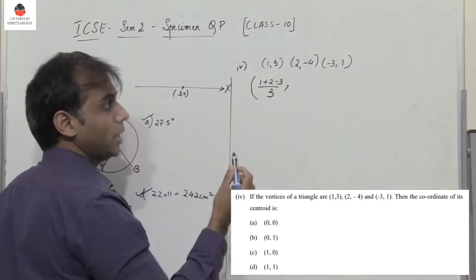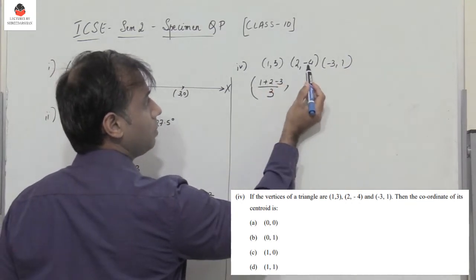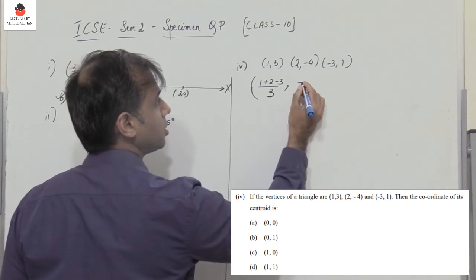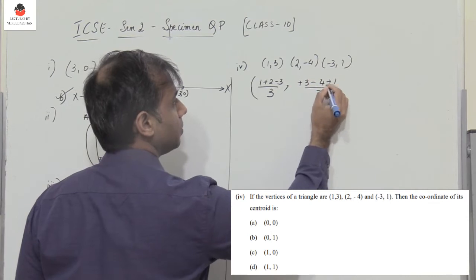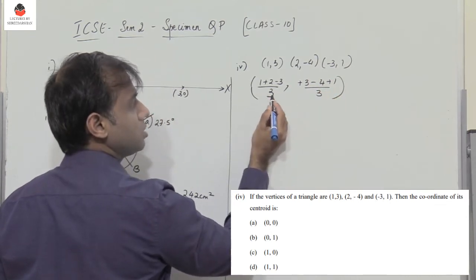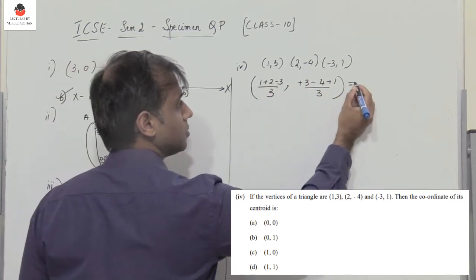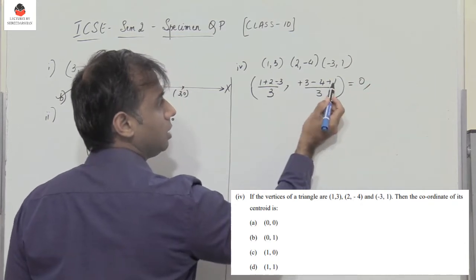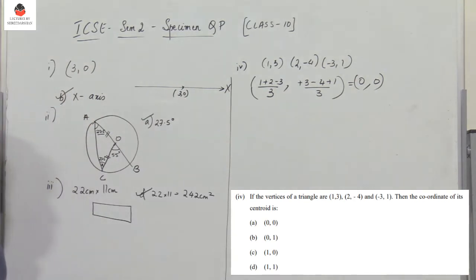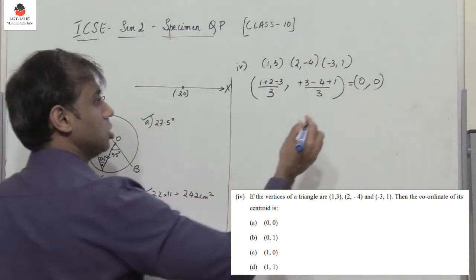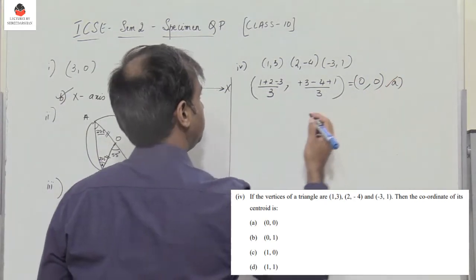And then the y coordinate of the centroid is (y1 plus y2 plus y3) by 3. So it is 3 minus 4 plus 1 by 3. Here you have 3 minus 3, which is 0 by 3, which gives me 0. Here again 3 plus 1 is 4, 4 minus 4 is 0. So (0, 0) happens to be the centroid, which is option A.